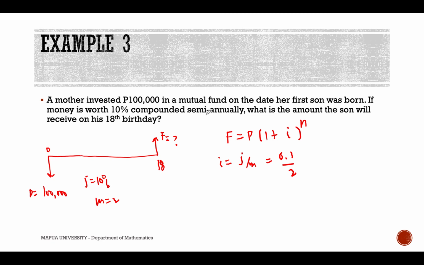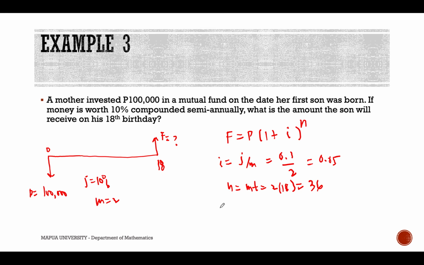So this is semi-annually, so twice in a year. So this will be 0.05. And then the total number of periods in 18 years will be m times t, we have 2 times 18, so that will be 36.